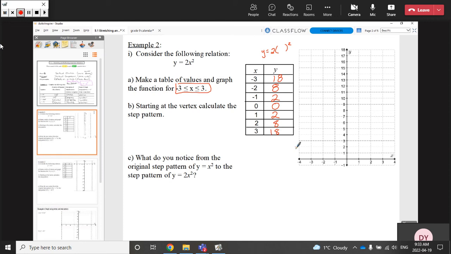So -3, 18. -2, 8. -1, 2. 0, 0. 1, 2. 2, 8. 3, 18. Lovely. And we should try our best to connect without making it look like a V. Like that.